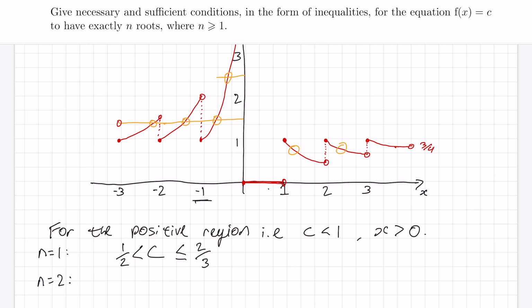So at the minute, if I want 2 roots, I need it to be somewhere between here and here, because I would get 1 root on the first bit of the graph and 1 root on the second bit of the graph. So I need c to be between these 2 values. Okay, so what does that mean for c? That means I need 2/3 less than c less than or equal to 3/4.